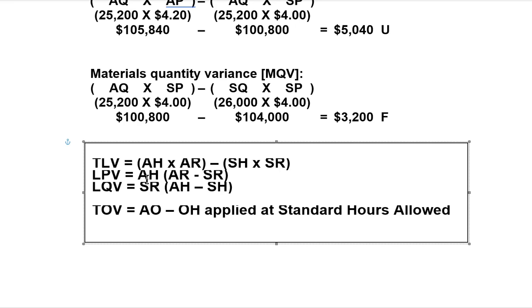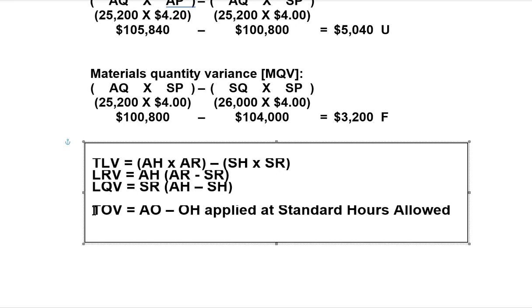So I could change that to labor rate variance: actual hours, and you then multiply by the difference between the actual rate and the standard rate. To get your labor quantity variance, you take the standard rate and multiply by the difference between the actual hours and the standard hours. Same interpretation. It will be either favorable or unfavorable depending on whether the actual exceeds the standard.